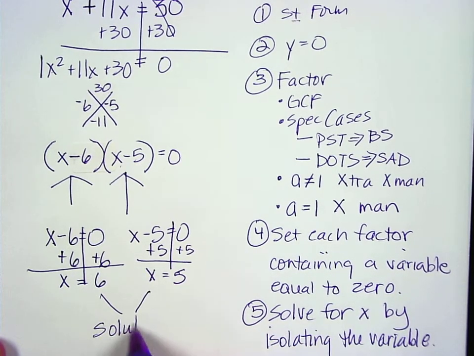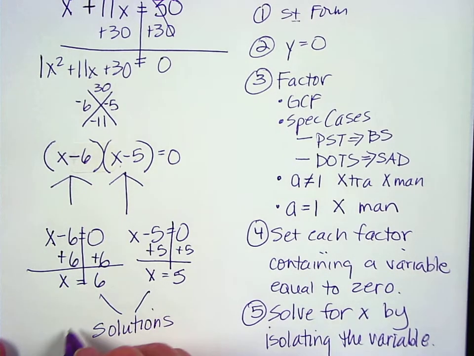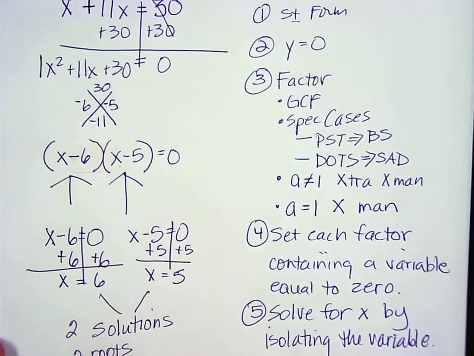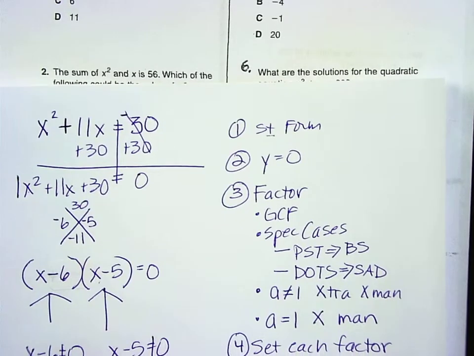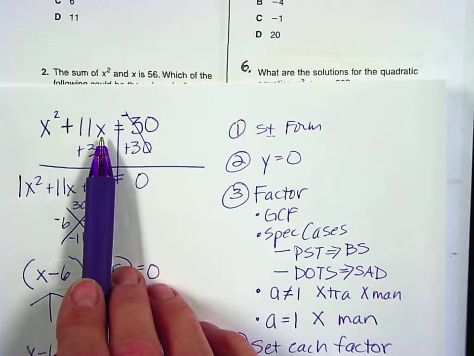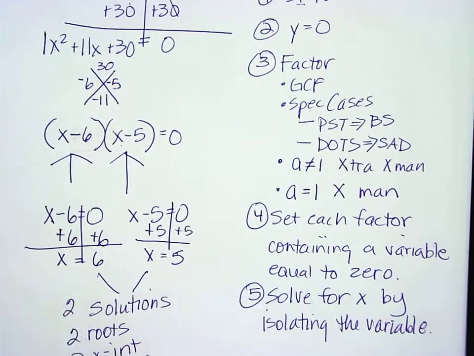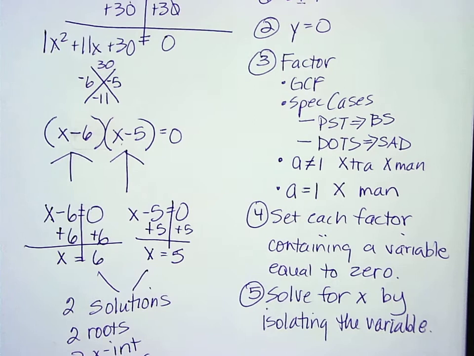That means that this particular quadratic has two roots, has two solutions, has two x-intercepts, and has two zeros. And guess what? If I graphed this same equation, I would get x-intercepts of 6 and 5.